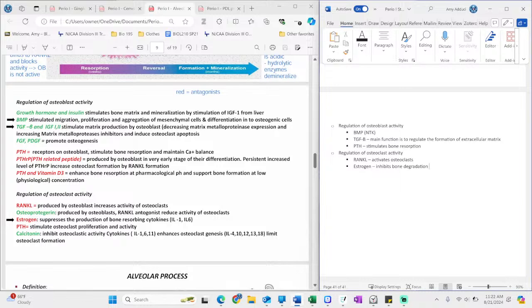When this estrogen is gone, then a big element in the blocking process of osteoclasts is gone, and that's why we have osteoporosis in bones. And then, what else? Osteoprotegerin and calcitonin, these two block the activity of osteoclasts.